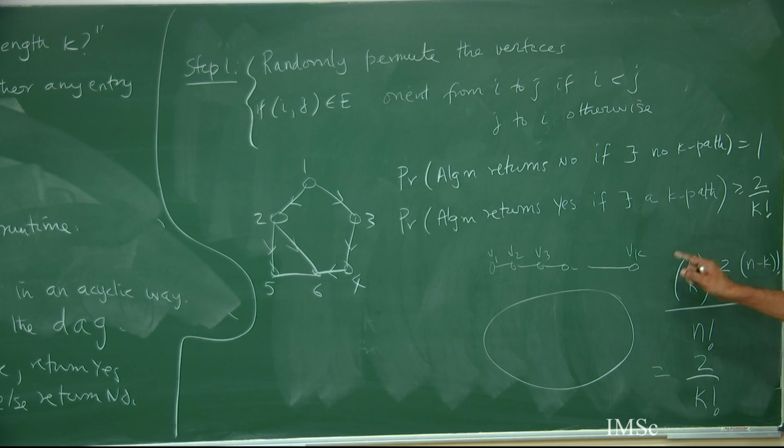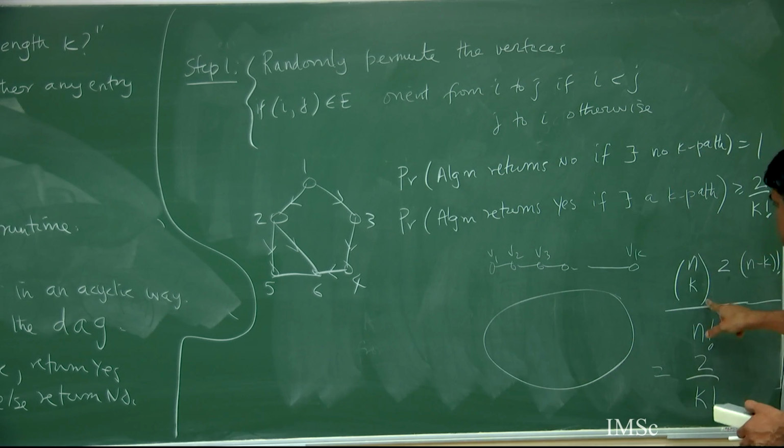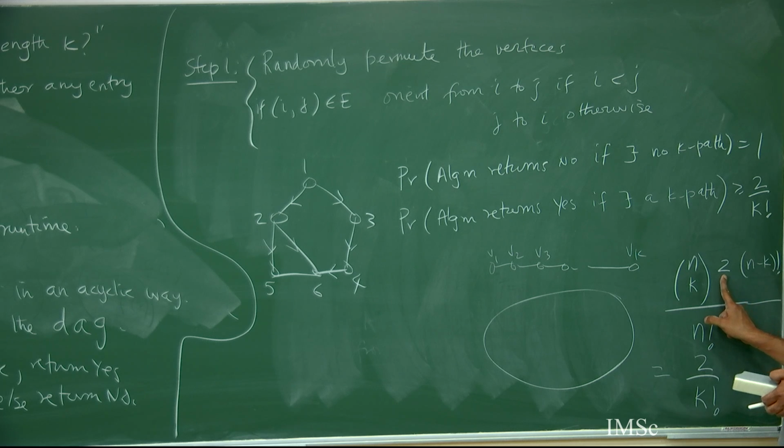So, this is the critical argument. You need to just convince yourself that this is correct. I am just assigning the n factorial permutation, throwing some n numbers into this, out of which these guys will get any of the k values in these two particular orders. The remaining n minus k get the remaining n minus k values in whatever order they have.